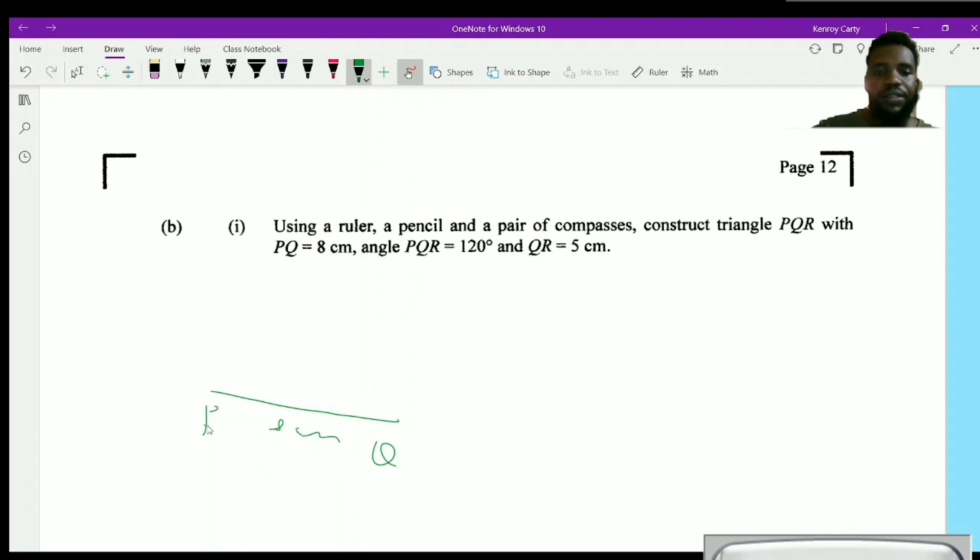PQR is 120 degrees. So I'm going to put R here. And here is 120 degrees. And QR is 5 centimeter. So that's basically my triangle there. We're going to get right into it.